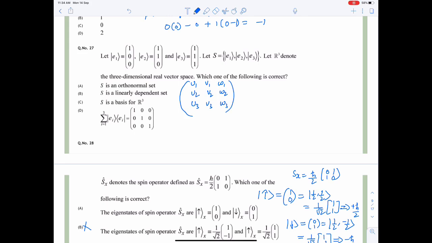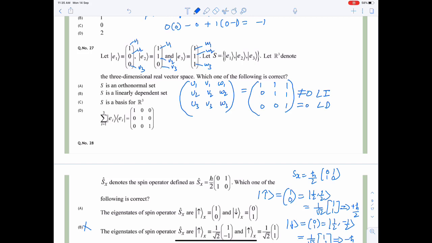Okay, this is your u, u1 u2 u3, this is v1 v2 v3, and this is your w1 w2 w3. So you can apply here 1 0 0, 1 1 0, 1 1 1. Clearly it says that it is not equal to 0. So whenever it is not equal to 0, it is a linearly independent set. When it is equal to 0, then it is a linearly dependent set.